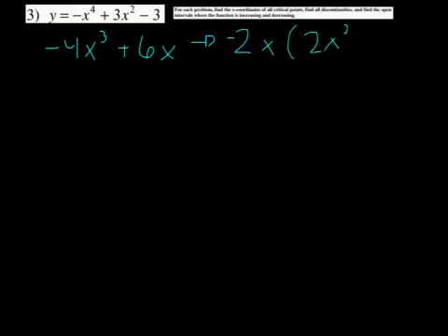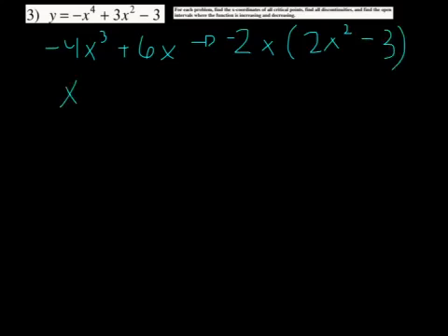So I'm going to take the derivative, which would be negative 4x to the third plus 6x, and then you factor out negative 2x, which would make it negative 2x times 2x squared minus 3. Okay, so now we solve for the x's.